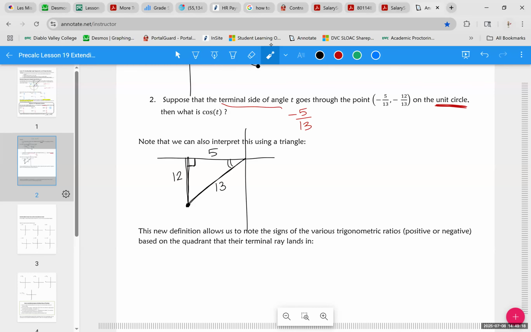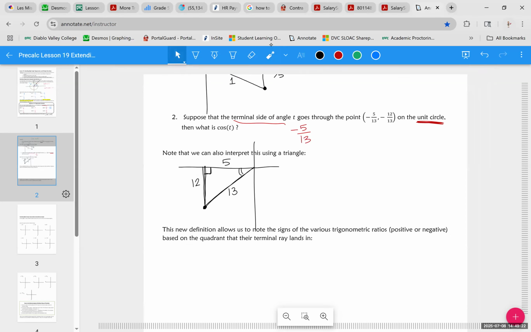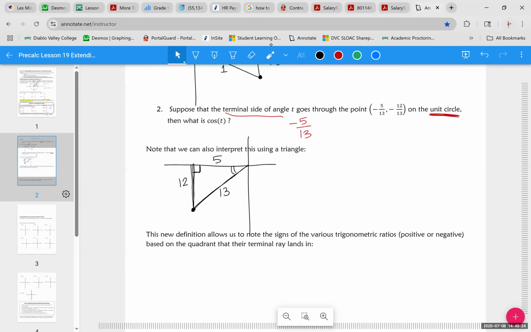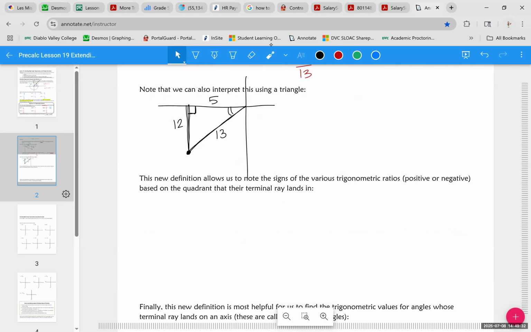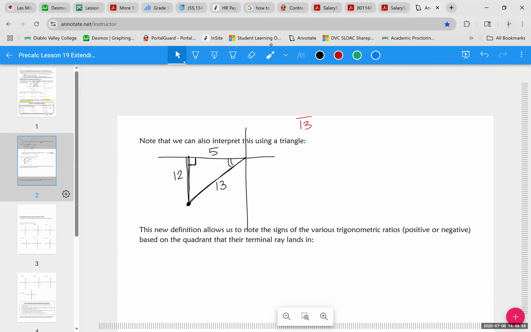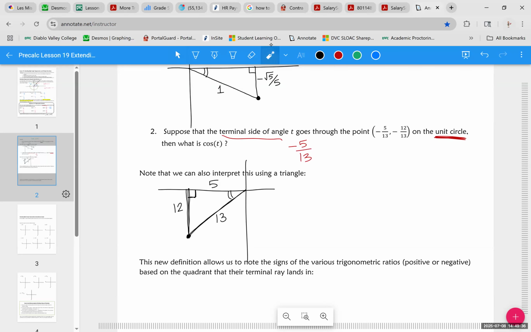Okay. I like to connect them to triangles because I feel like triangles are a lot easier to understand than a random point of intersection on a circle that seems esoteric. And the whole reason that they're negative is because of the x and y directions.